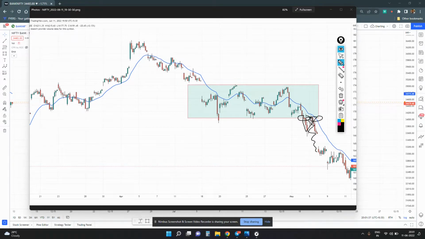So here the price took resistance near the 20 EMA, and there was also a retest which happened over here. So you can wait for the price to pull back, and if it is near the 20 EMA, you can wait for it to reverse. Once it reverses, you can keep the stop loss above the 20 EMA and take a short trade on the downside.